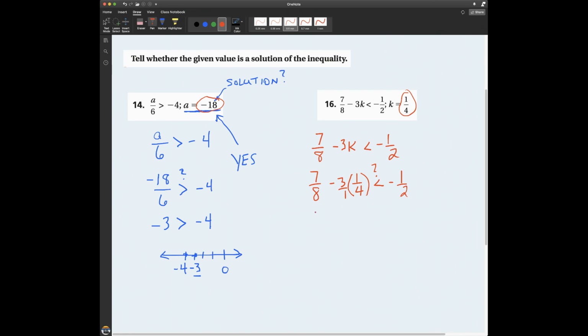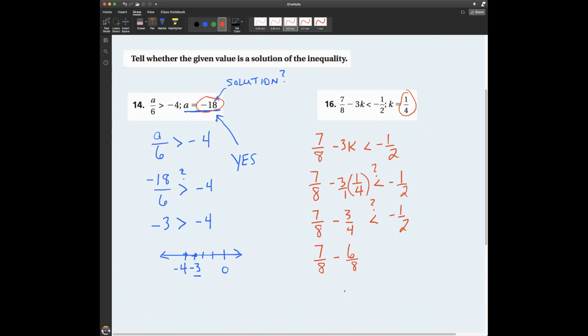So we have to do a little math over here. This is 7/8 minus 3/4. Is that less than negative 1/2? Well, 7/8 minus 3/4, that's the same as 7/8 minus 6/8.